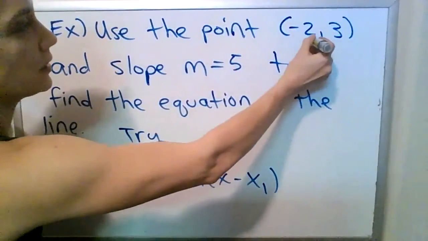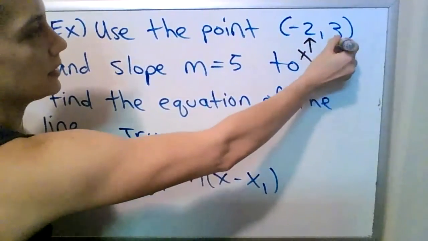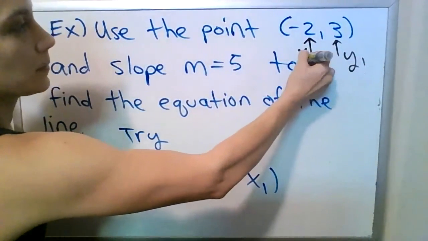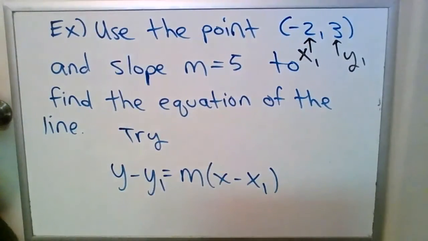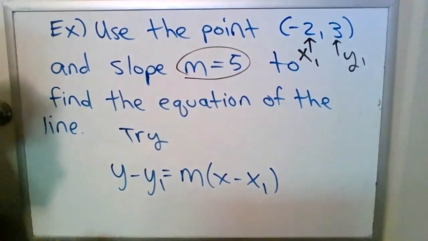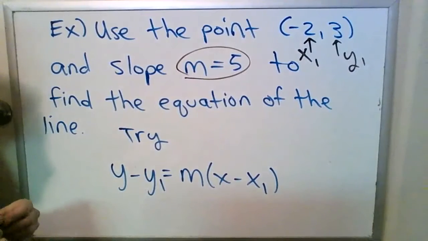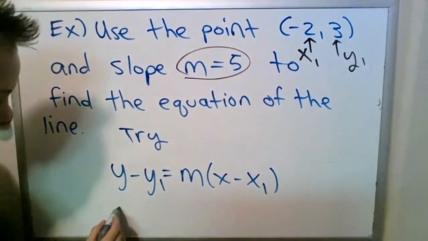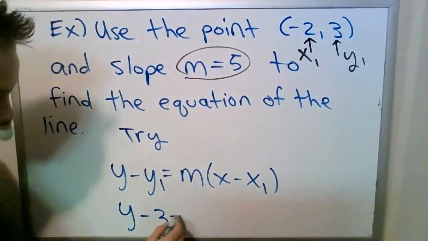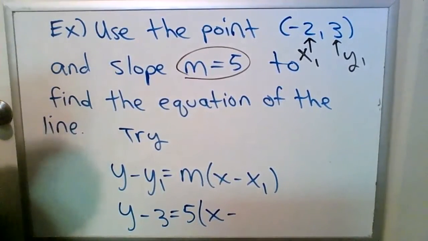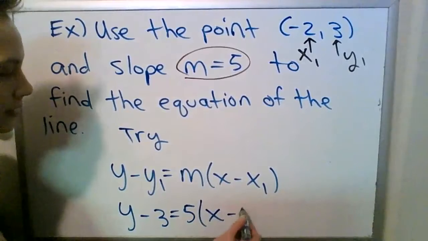This is your x value, x1. This is y1. And you have your slope, which we're going to plug in. So y minus 3 equal to 5 times stuff, and that stuff is x minus -2.